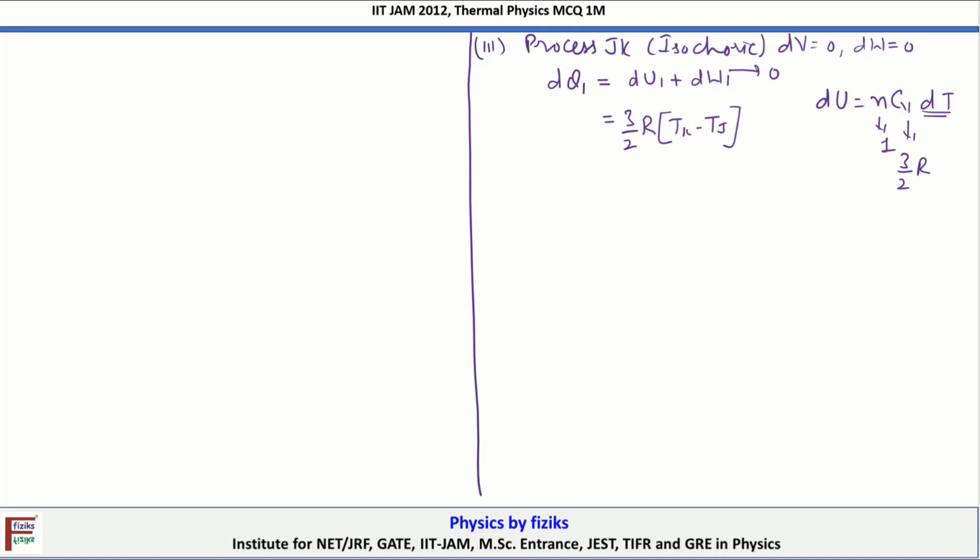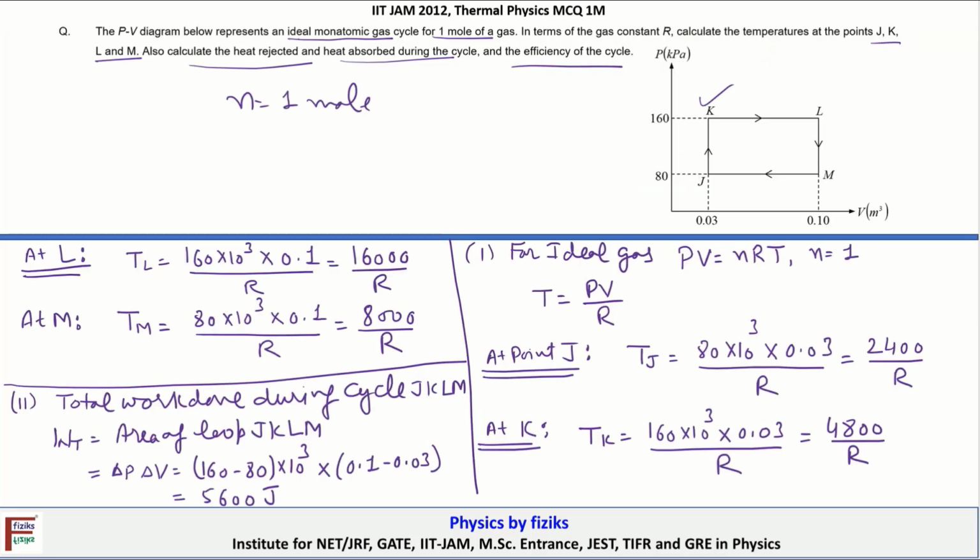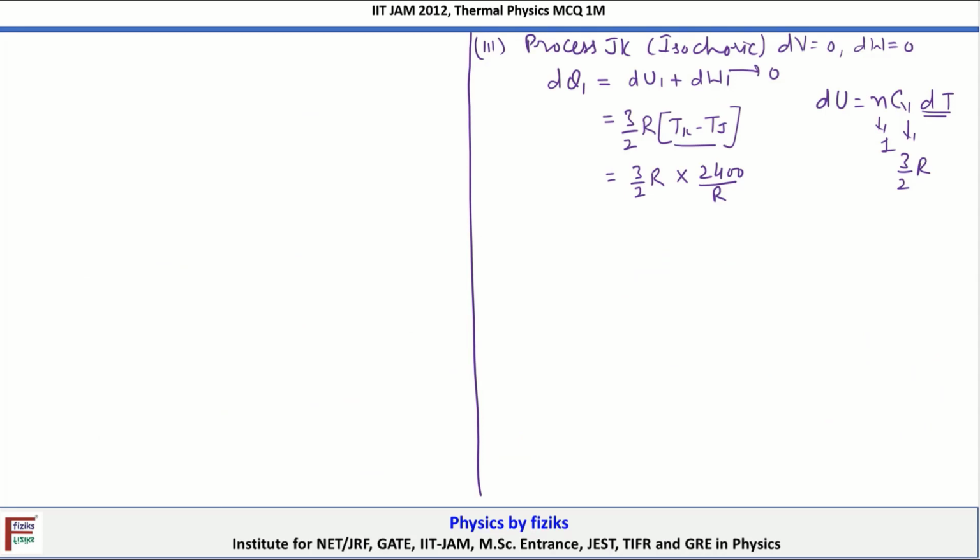This temperature we have already determined, so if you substitute the values, this will come out to be 3 by 2 R multiplied by (Tk minus Tj), which is 2400 divided by R. You can check it from here, simply take the difference between these two, and you will obtain this answer. So this is equal to 3600 joule.